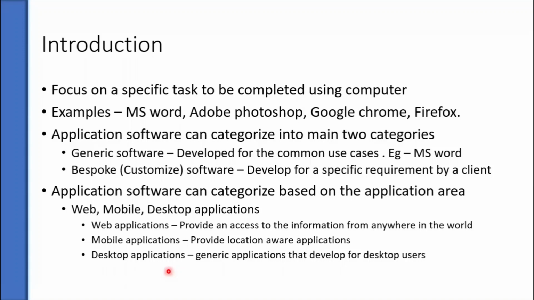You might see these commonly in banks and insurance companies, which use a lot of desktop applications. So now we have a good understanding of what application software is: a small definition, examples, and a small categorization, generic and bespoke, as well as web, mobile, and desktop applications. So this is an overview or an introduction to application software.